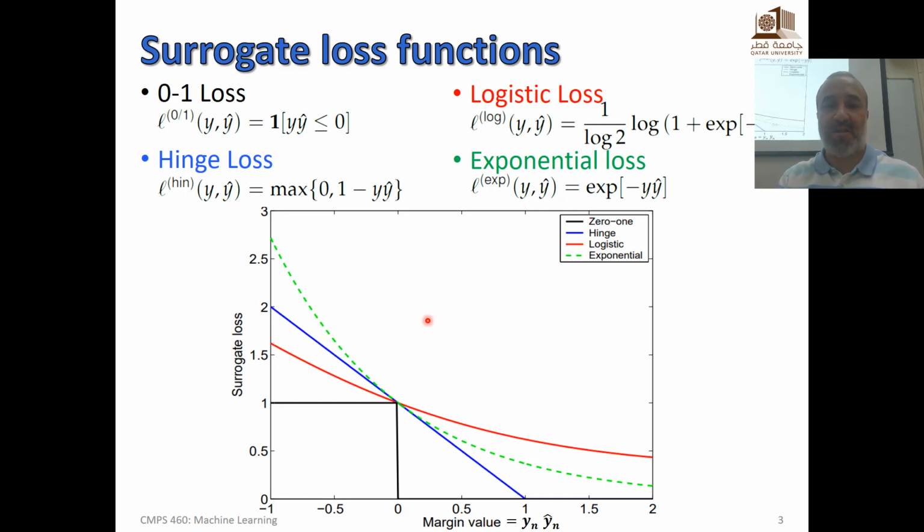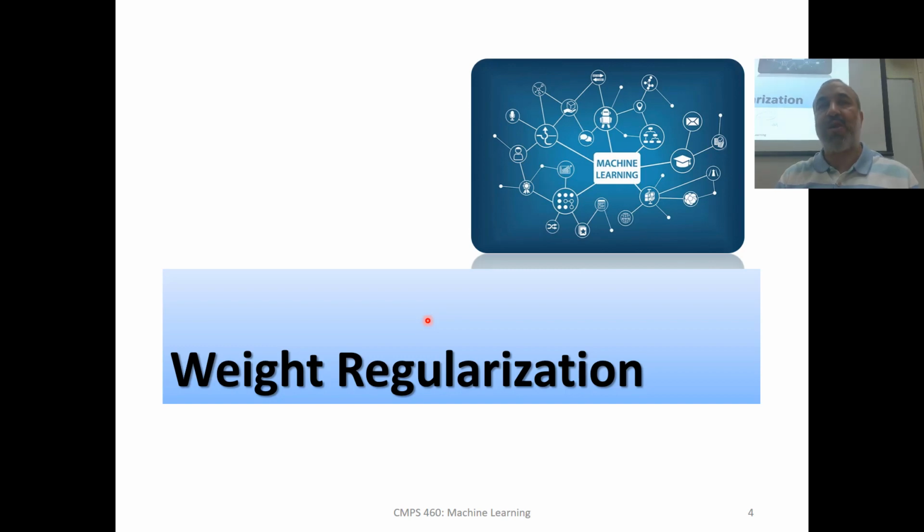We discussed it in detail, and I hope that it is clear why we should use one of these functions, or maybe there are also other functions, but these are just examples, as a surrogate loss function, as a substitute loss function to the 0-1 loss function. Okay? And in this lecture, we will focus on the other part, which is the regularization.